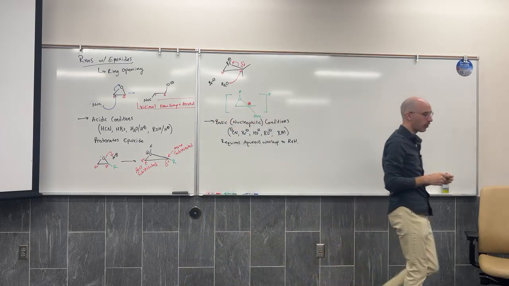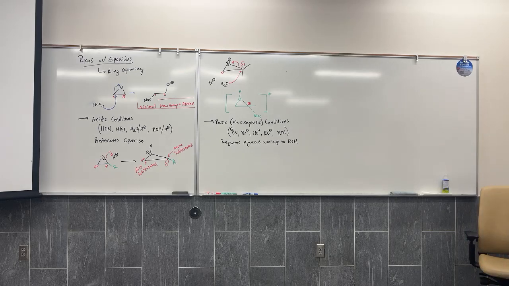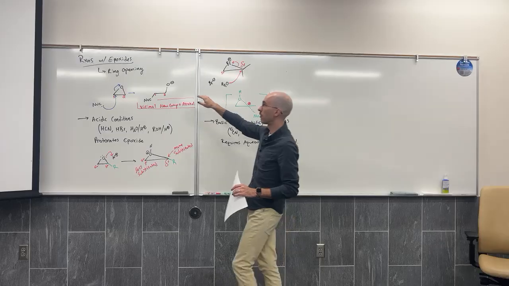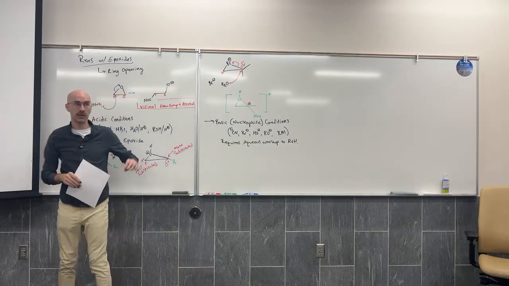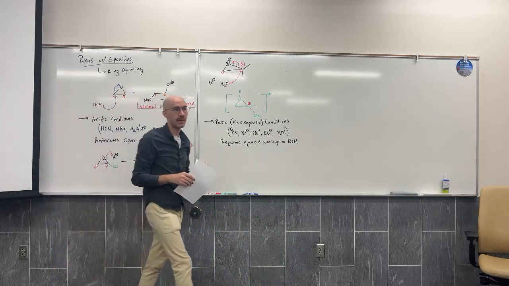And to get an alcohol at the end of it, if you want to open your epoxide to an alcohol, and you actually don't have to protonate it to an alcohol, you can use it to do an ether synthesis.